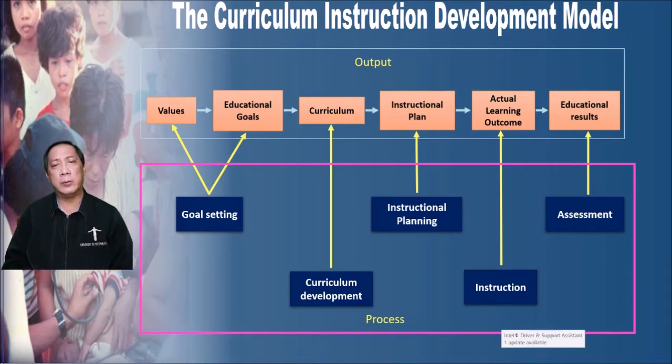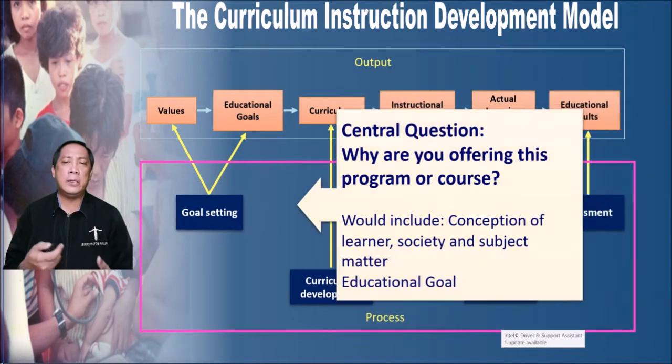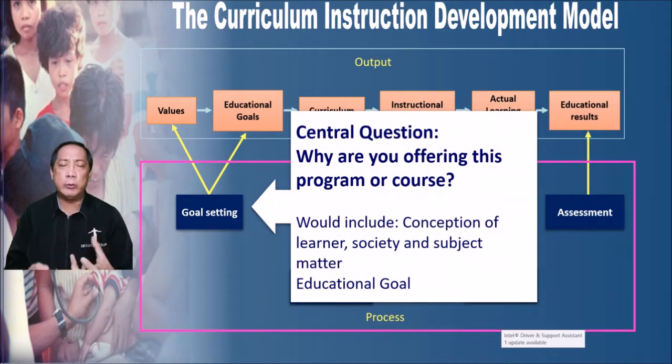They should be able to produce for you the values, the educational goals, curriculum, instructional plan, actual learning outcomes, and educational results. And when you talk about goal setting within that particular context, you actually will just need to answer one central question: why are you offering this program or course?